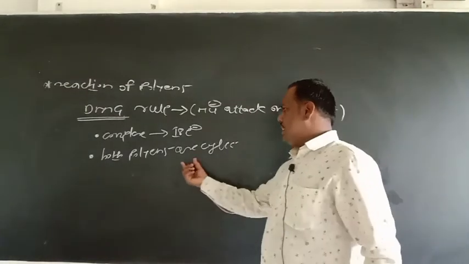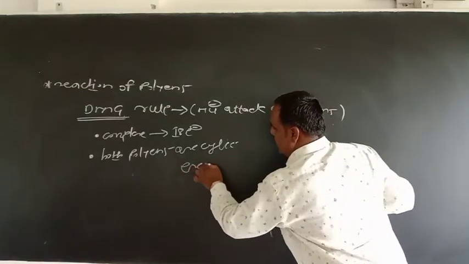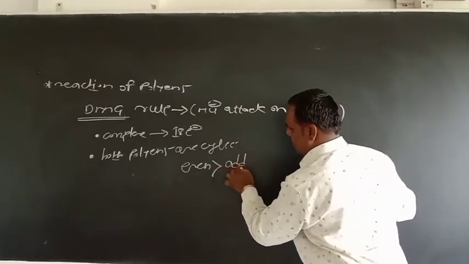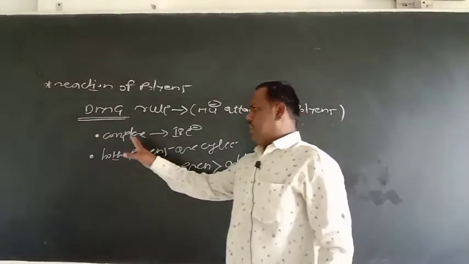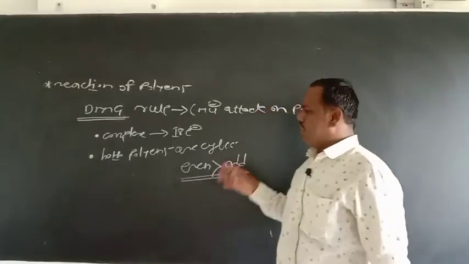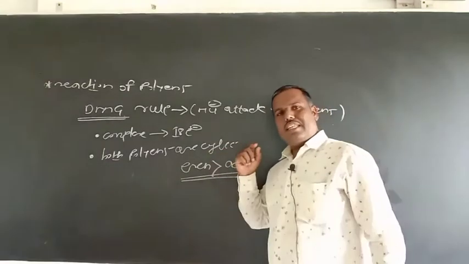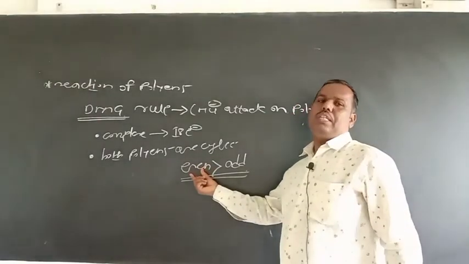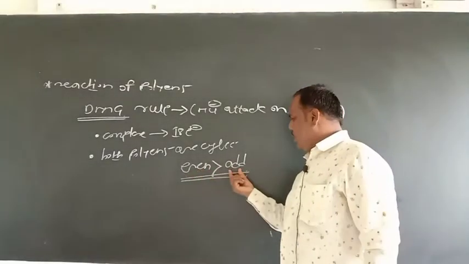If both polyenes are cyclic, then in this case the even polyene is preferred for nucleophilic attack than odd polyene. So you should remember the first condition, no doubt the complex should be 18 electron, but if the metal atom is attached to both cyclic polyenes, then the nucleophile may attack on even polyenes. The preferential attack of the nucleophile must be on the even polyene, not on the odd polyene.